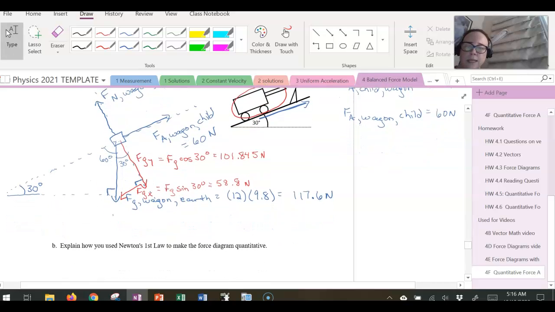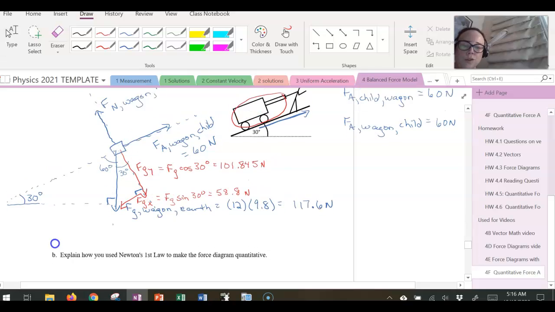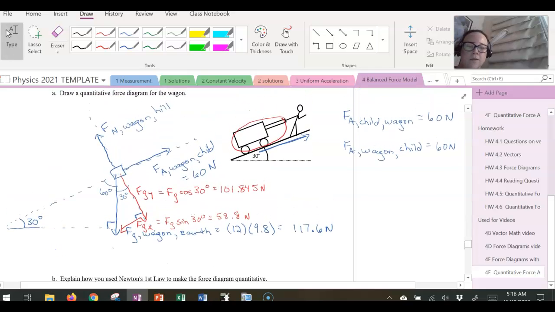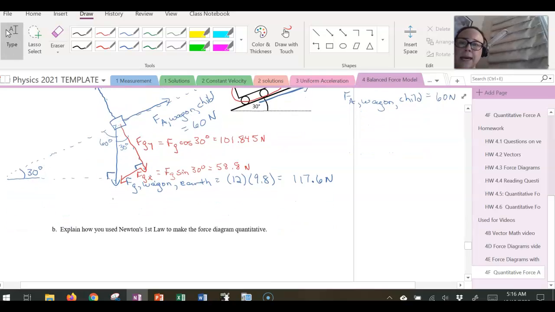So let's see here. Explain how you used Newton's first law to make the force diagram quantitative. So Newton's first law tells me that when velocity is constant, the net force is 0.